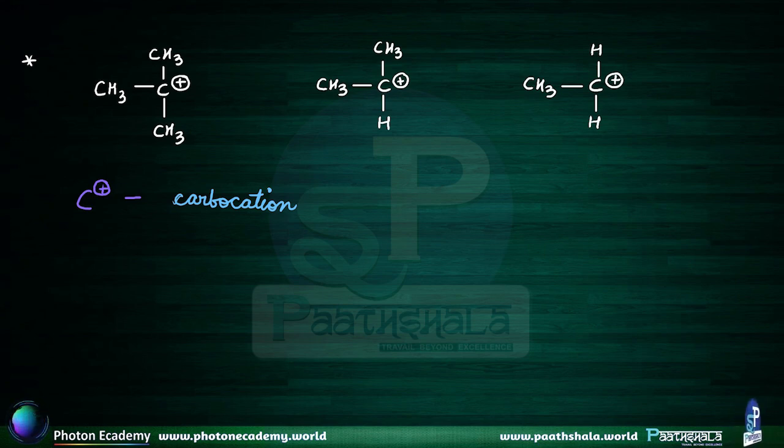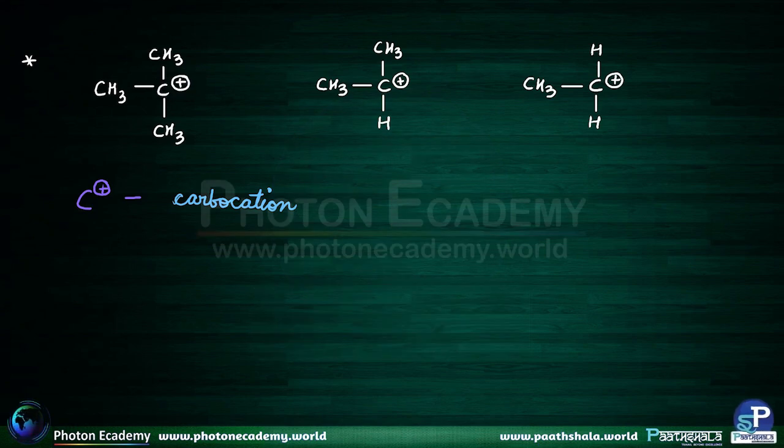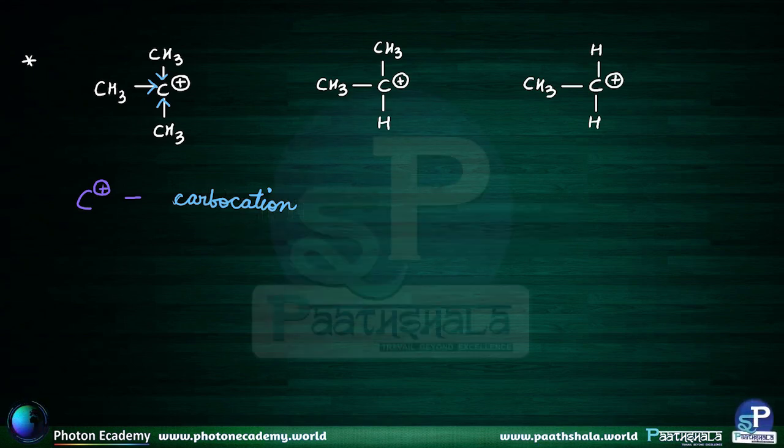So you can see that if this carbon has a positive charge here, then we know that these 3 methyl groups are giving negative charge to this, or we can say they are donating electrons to it and making themselves delta positive, and the middle one, this one, electron rich.